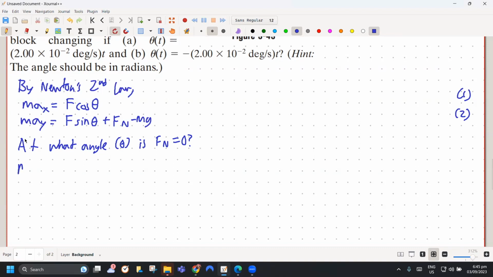Kapag positive pa yung normal force, what do you know about A sub y? So, when F sub n is greater than 0, what is A sub y? Positive. I think so. Tingnan mo yung extreme case. Theta equals 0. Ano yung itsura ng forces? So, yan yung F, and then yung mg pababa.